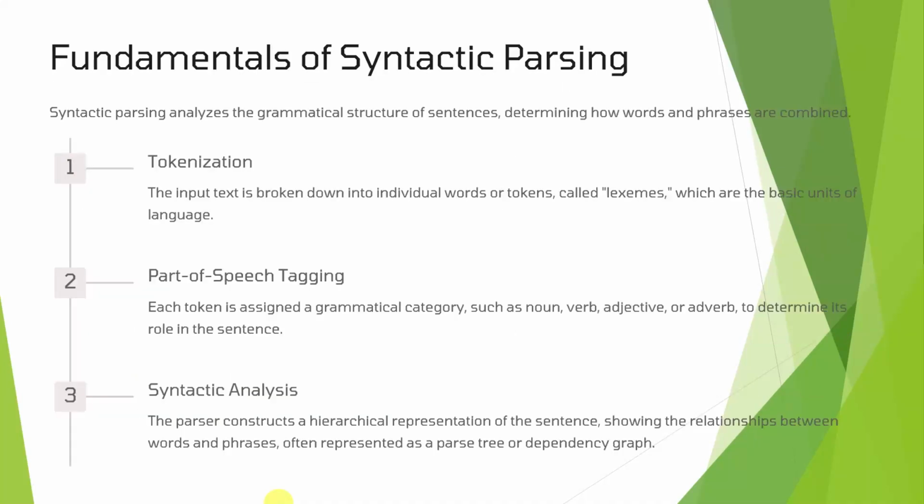So, what are the fundamentals of syntactic processing? Parsing, as initially discussed, is the analysis based on the grammatical structure of sentences. First we apply tokenization. The input text is broken down into individual words, which we call tokens or lexemes, the basic units of language.